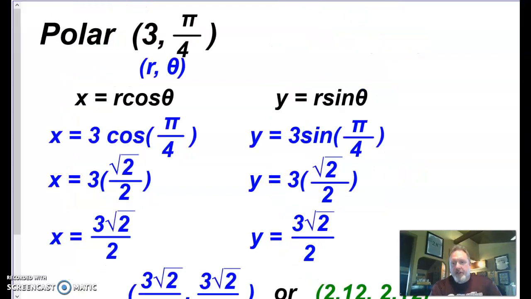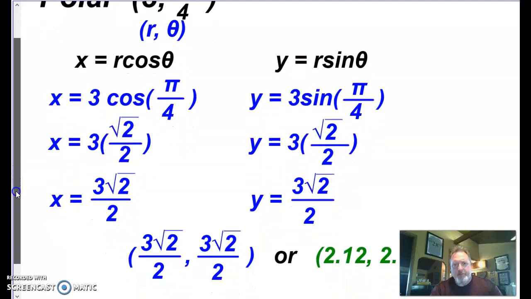Just one more example here, and I'll show you the answer at the bottom in exact and in decimal form. Here's our r and theta value. So 3 cosine of pi over 4, 3 sine of pi over 4. We know pi over 4 is 45 degrees, so sine and cosine are the same. They're both square root of 2 over 2, which is about 0.71.